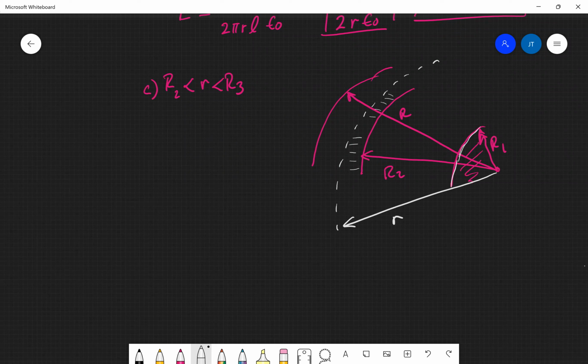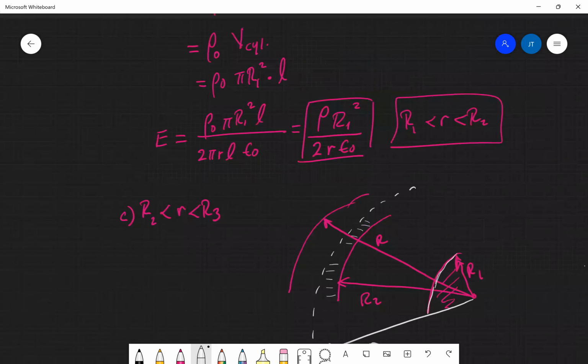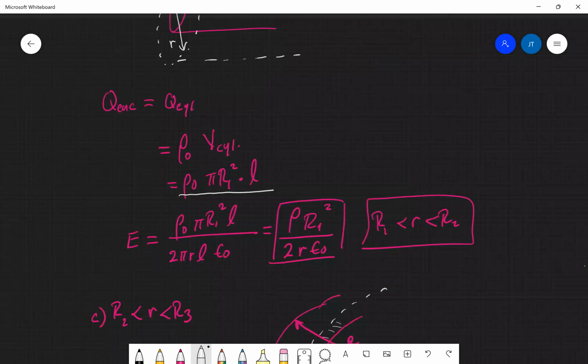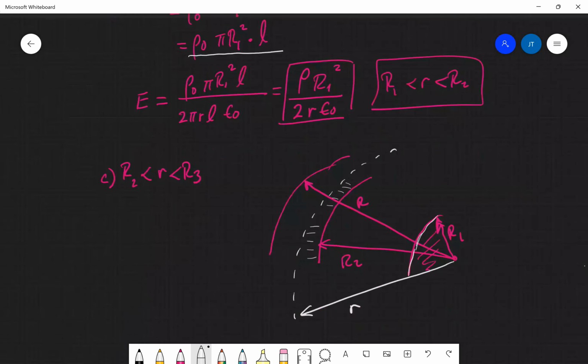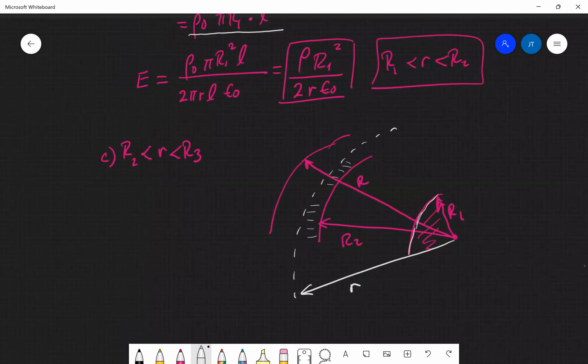So now, the question is, how much charge is here? Because we already know how much charge is in here. It's this, because I'm encircling all of the inner cylinder. So this is how much charge is inside, but then there is this much charge right here.